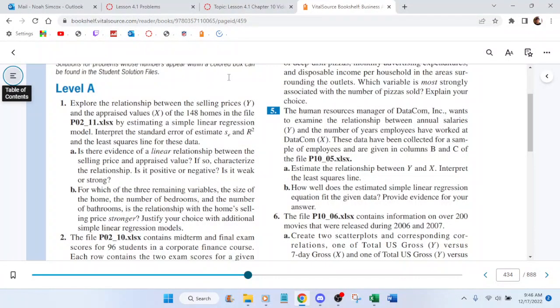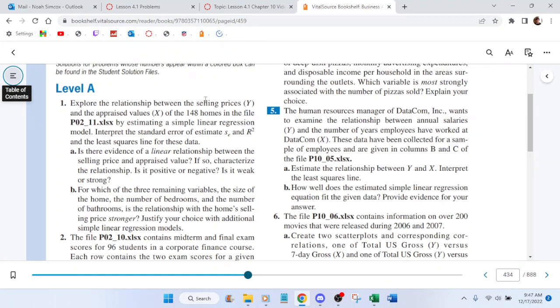Explore the relationship between the selling prices Y and the appraised values X of the 48 homes and file by estimating a simple linear regression model.